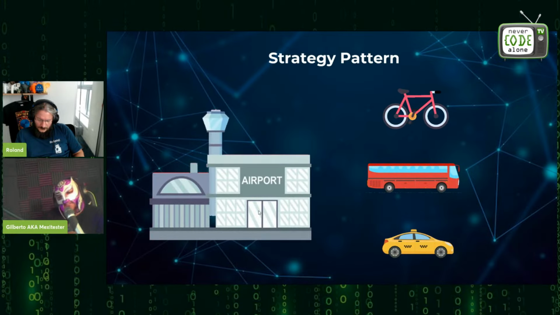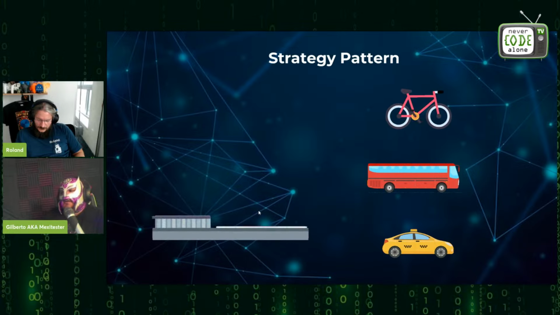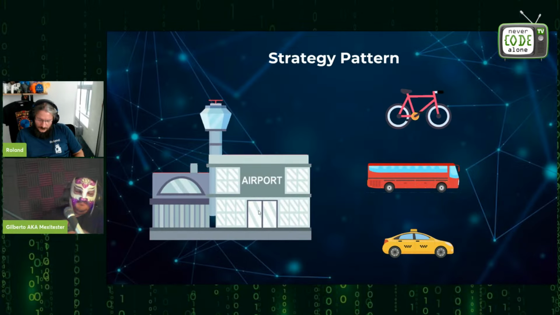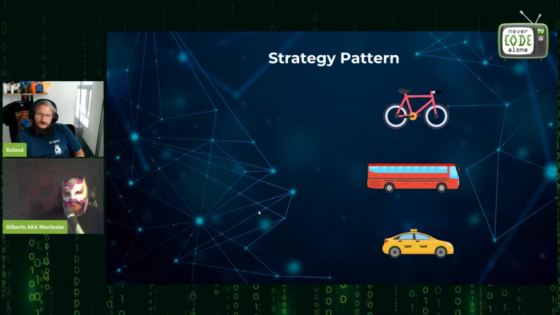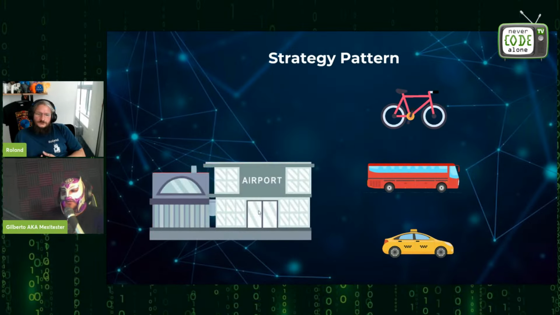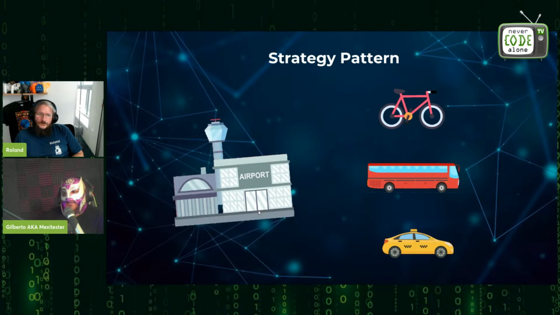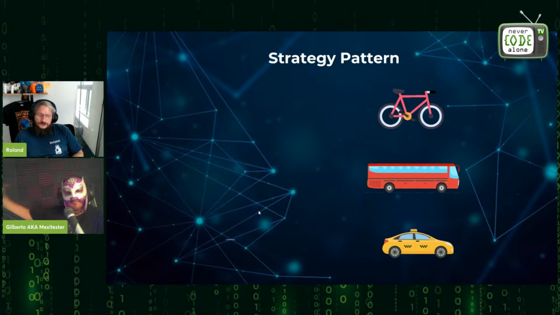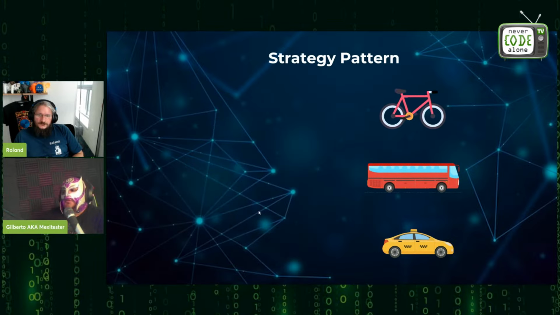Maybe I don't have enough money, so the strategy could be to use the bicycle or the bus. Or I want something exclusive. I can select, for example, Uber or Didi or whatever kind of platform. So this is in general the strategy: a way to accomplish or go through to my goal, the method I need to follow.